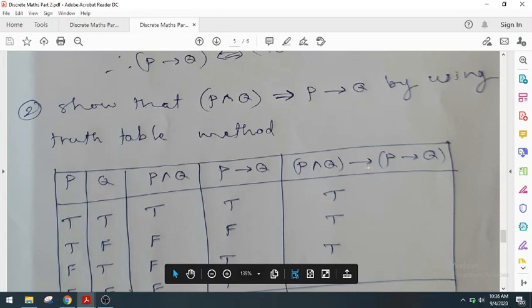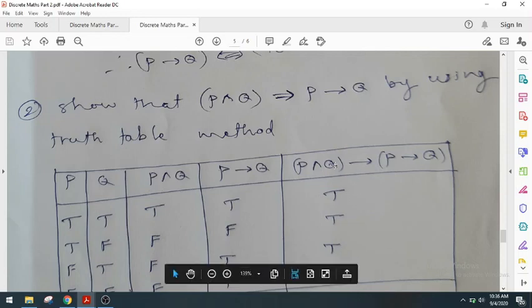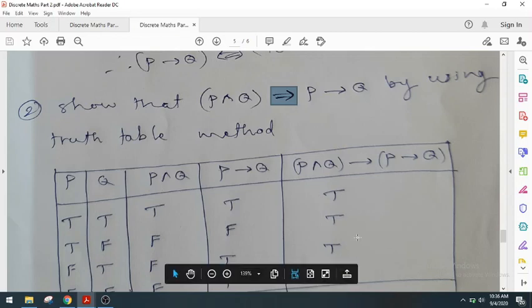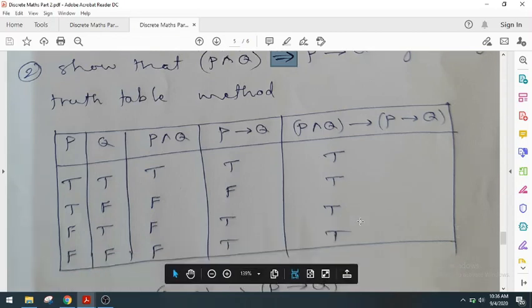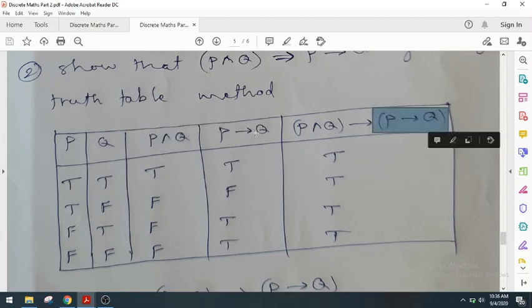Next, P conjunction Q then P then Q must be T. If you show this, we can replace this arrow mark by this implication. Therefore the proof is over. So we have to show that the one with the arrow mark is nothing but T. So how to prove this? Now we already know P conjunction Q here and P then Q here.